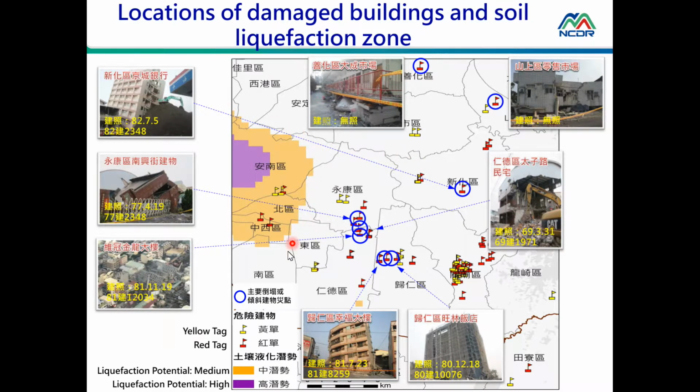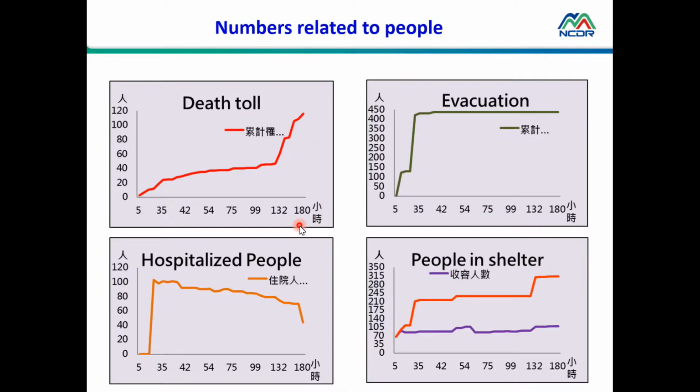And this district shows the severe liquefaction and the minor liquefaction. So from the pictures, everyone can easily understand where the collapsed buildings are and the impact of soil liquefaction on residential buildings.